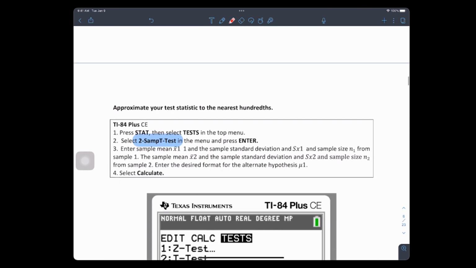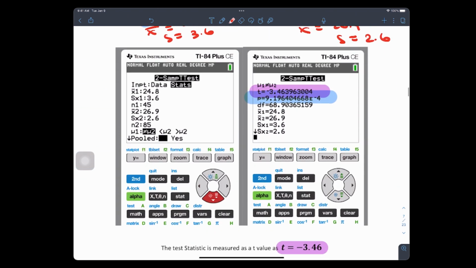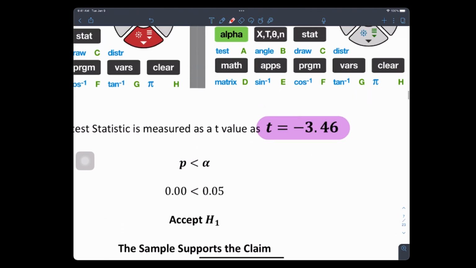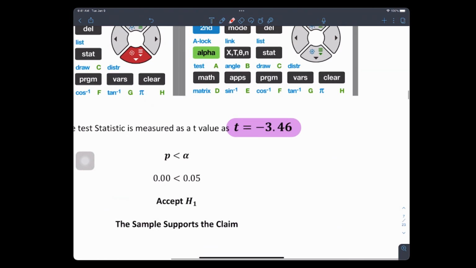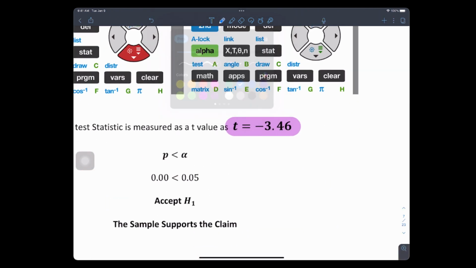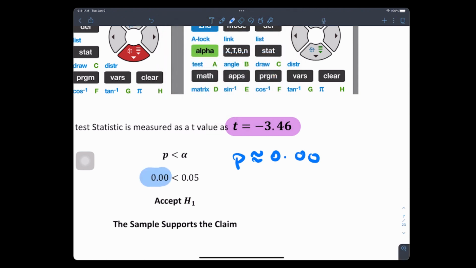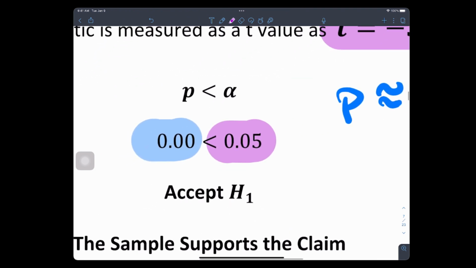Let's take a look at the p-value. What about the p-value? Well, the p-value here is approximately 0. Is that right? If they ask you for the p-value, where is that? Right here. Is it less than the level of significance? This is a criterion. The answer is yes.